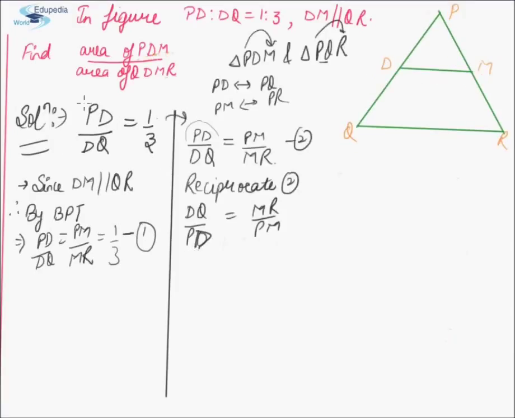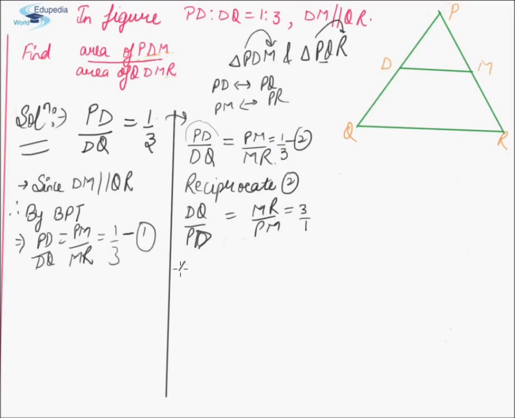Friends, PD over DQ is equal to 1/3. So these two sides are equal to 1/3 numerically. Therefore, on reciprocating, the ratio is also reciprocated as 3 by 1 or simply 3.